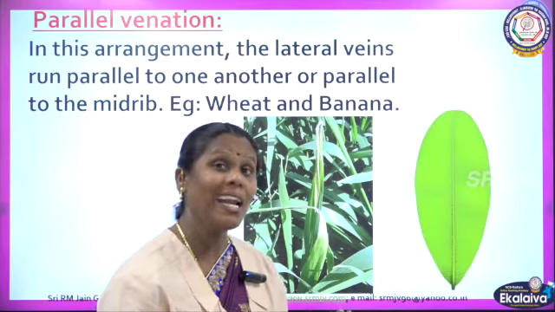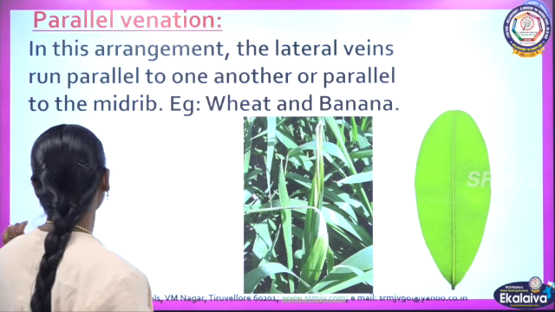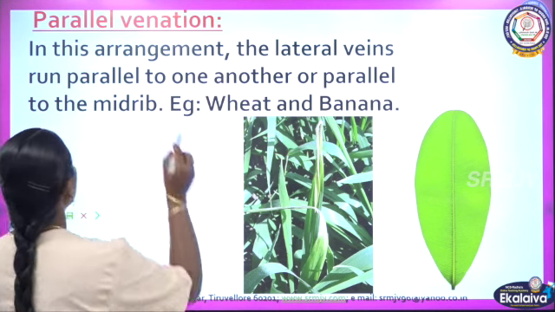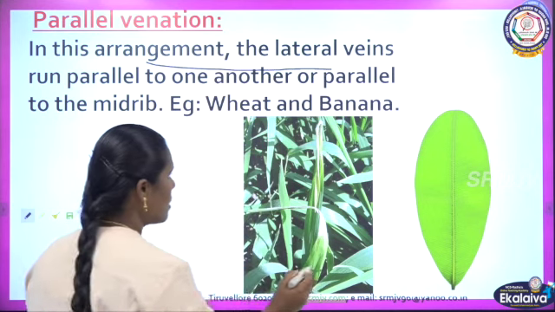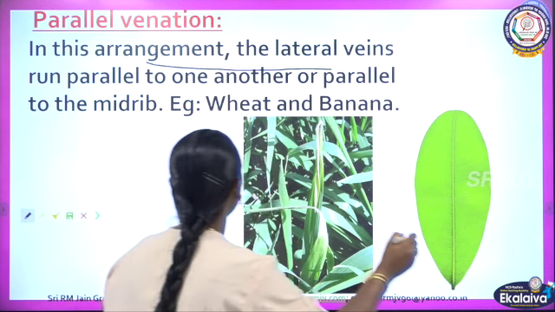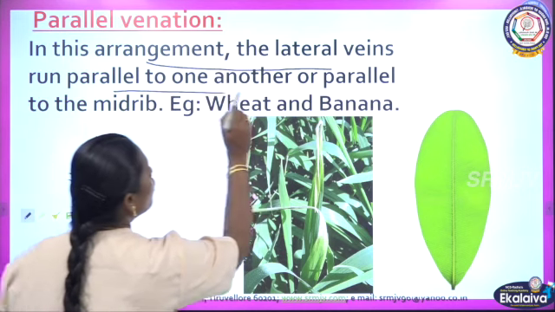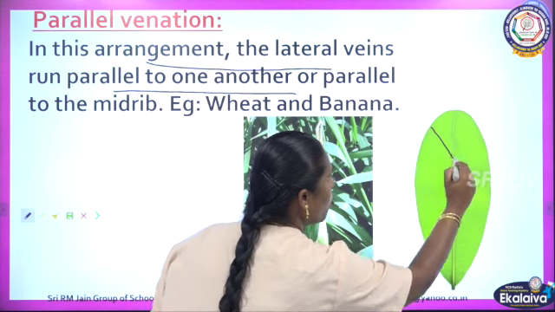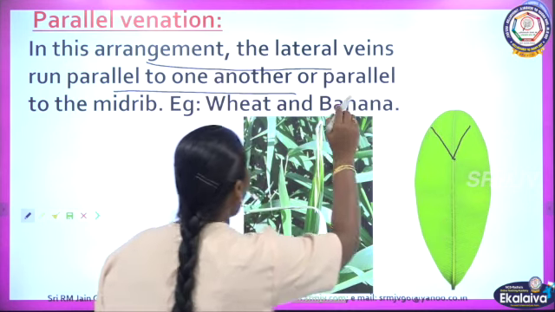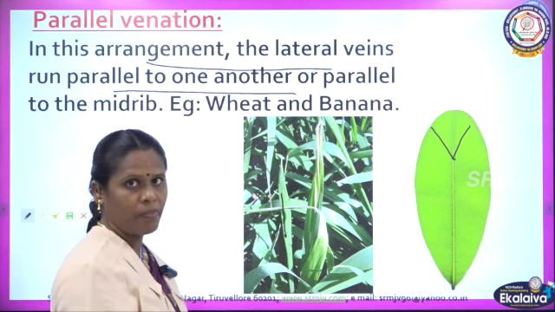Next, parallel venation. See here, in this arrangement the lateral veins run parallel to one another, or parallel to the midrib.